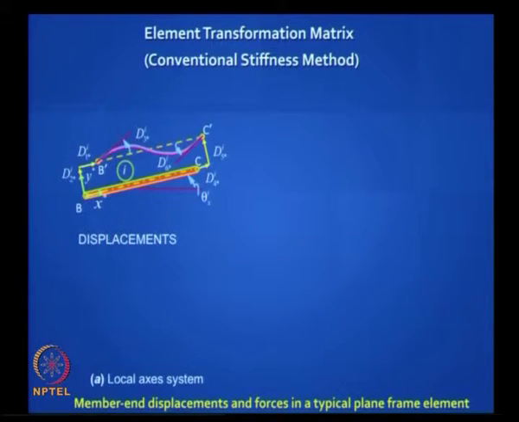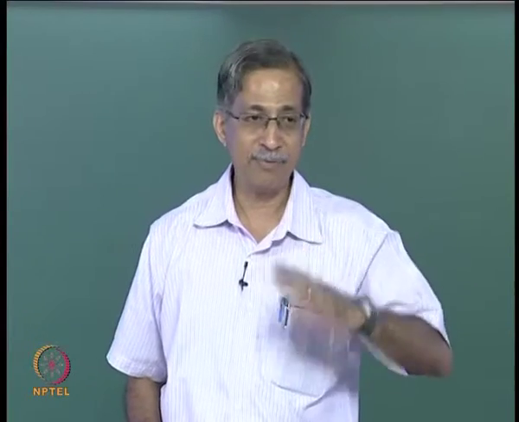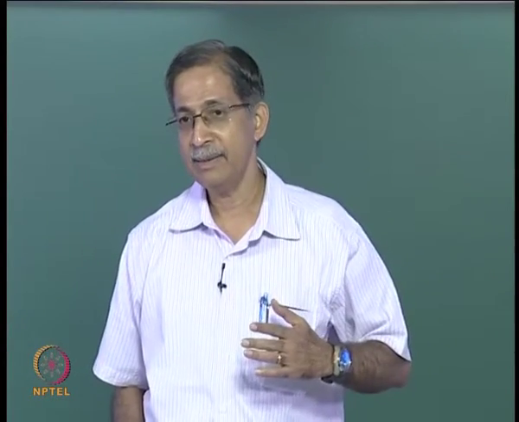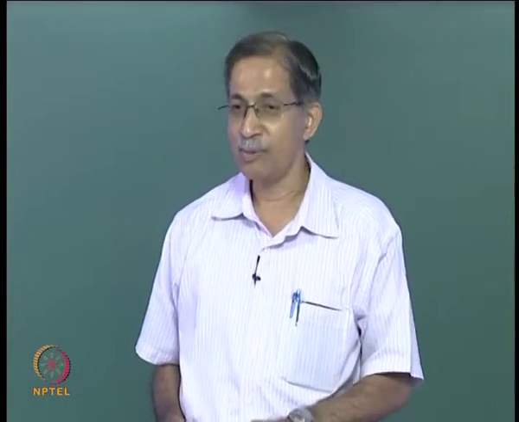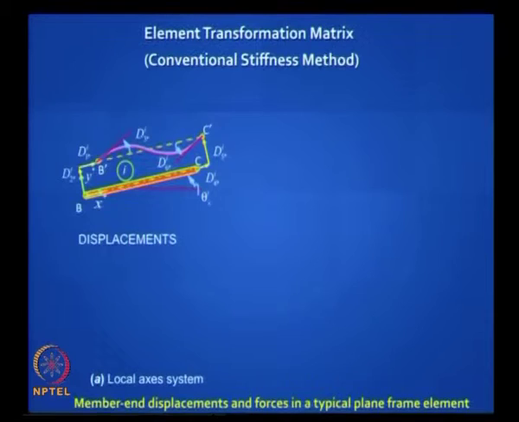And this change in angle anti-clockwise is d3 star. Does this make sense? You are clear about the physical meanings, and similarly I can define d4 star, d5 star, d6 star. Is this clear to all of us? Mind you, this theta i that I am talking about here is not referring to a displacement, it is referring to the original inclination of the member prior to loading with reference to the global x axis. Is that clear?